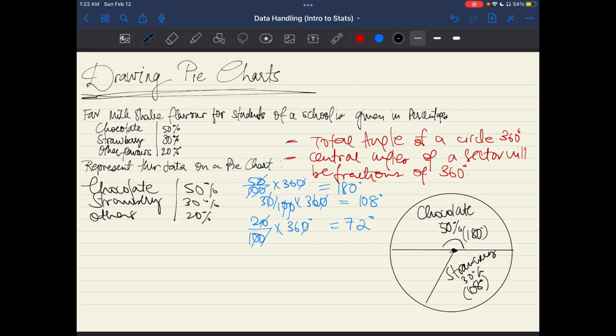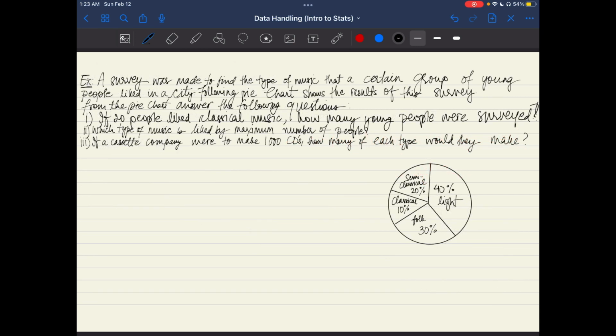And then the remaining one is other flavors, which is 20%, or the angle here is 72 degrees. So this is what our pie chart will look like. And this is exactly how you create your pie charts, how you figure out what the internal angle of each sector will be. Okay, so now let's move on to the next question.